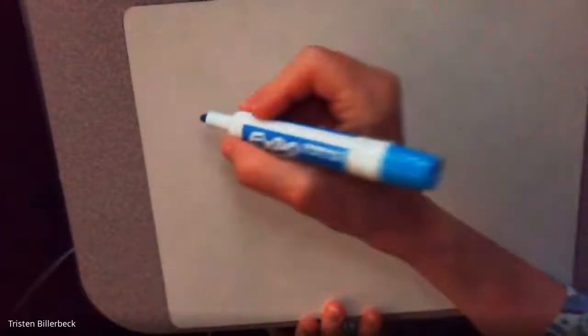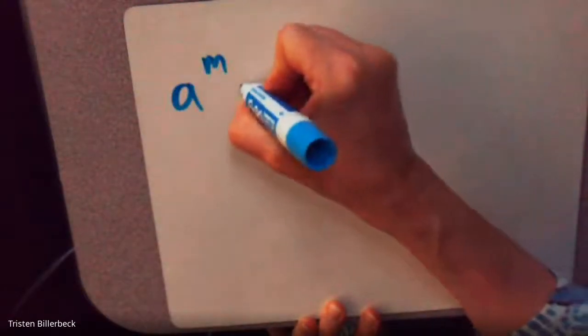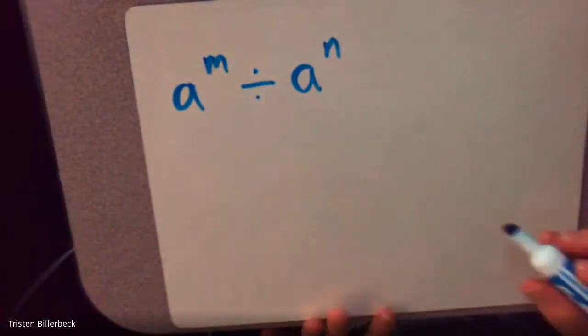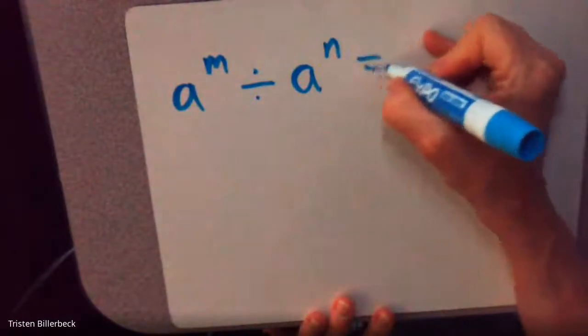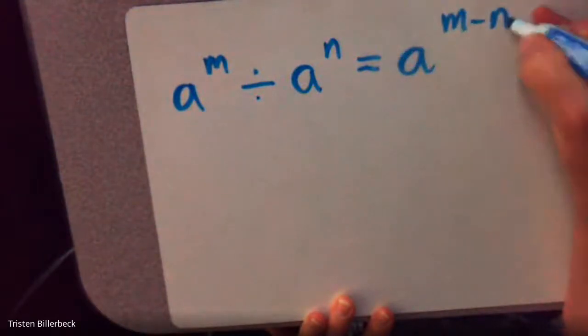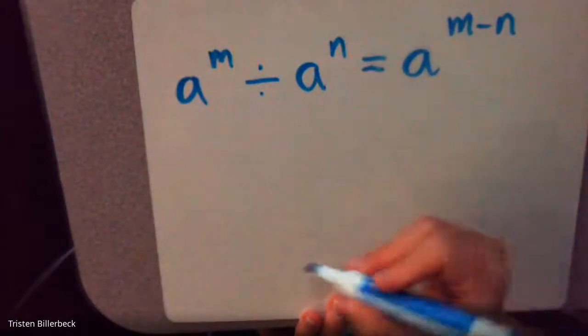All right, let's look at the next rule. So we have a to the m divided by a to the n. They say that one is a to the m minus n. So let's try this out.